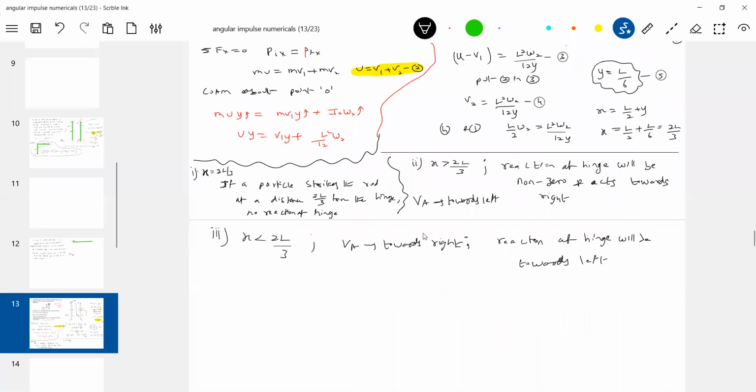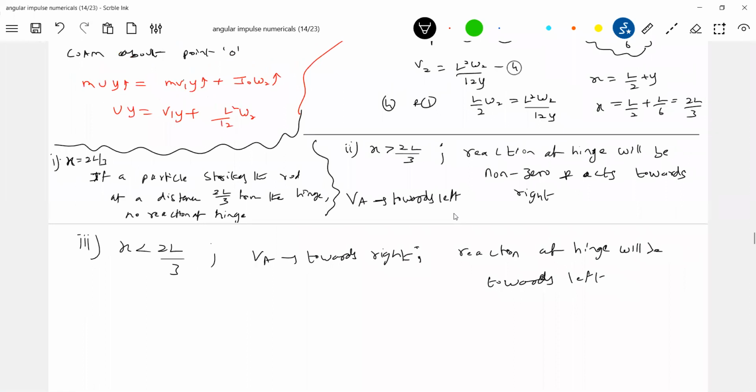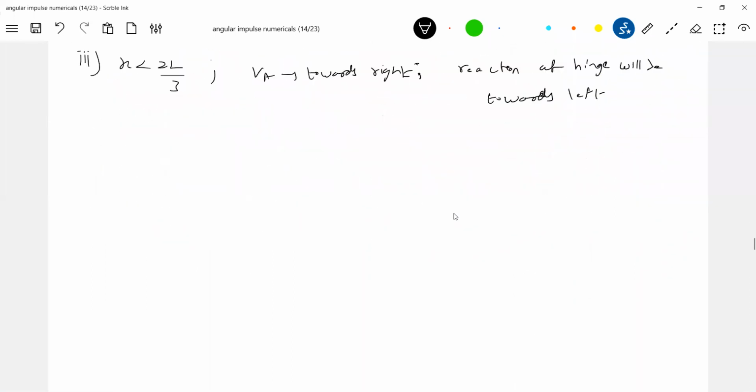The center of percussion is very, very important, like how rolling motion is important. What is the idea?